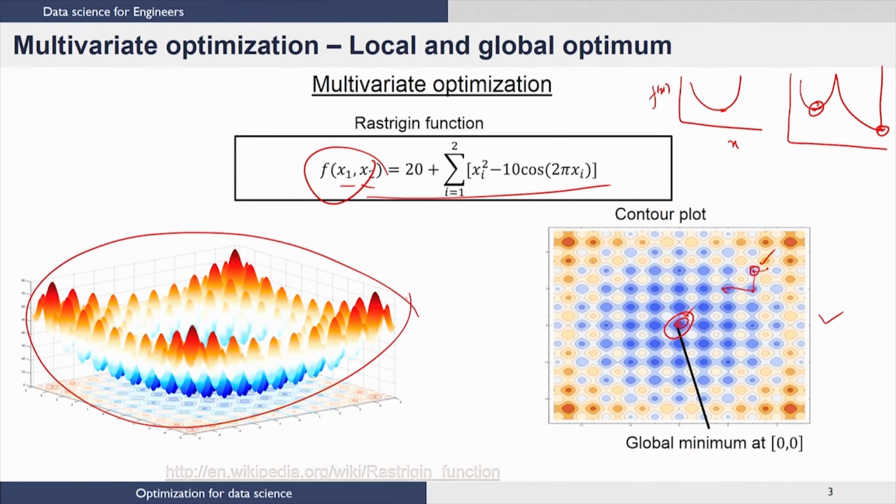Let us say this is your error surface, just as an idea for you to think about how important these concepts are, and you are trying to fit a model, and the best parameters for the model are here, but a typical optimization algorithm would get stuck in any of these local optima. From a data science viewpoint, it means the error is not as small as it could be.